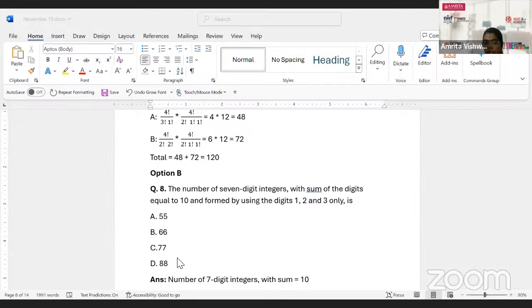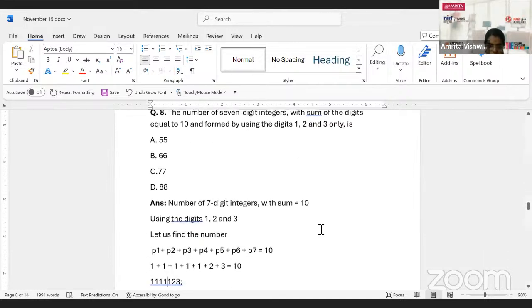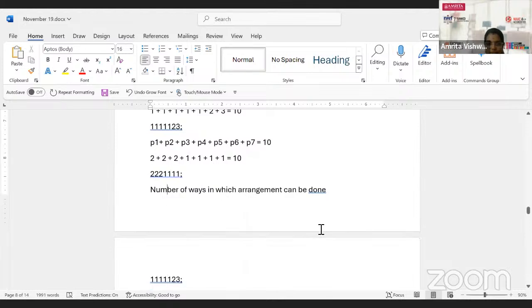If you have the answer, I would request you to type that in the chat box. So I think I'll just show you how to solve this.